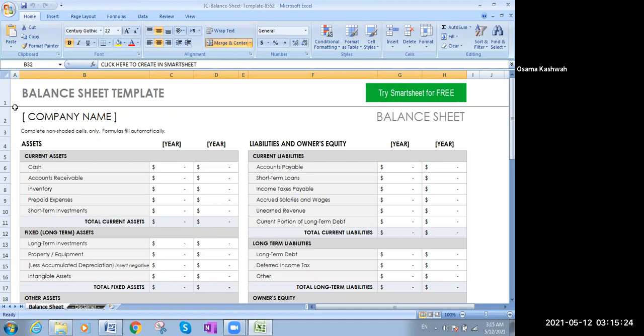Then we said as example, the cell A5, that it will be here, A5, B5, this is B5, and so on. C, in this cell, it will be C6, like that way.